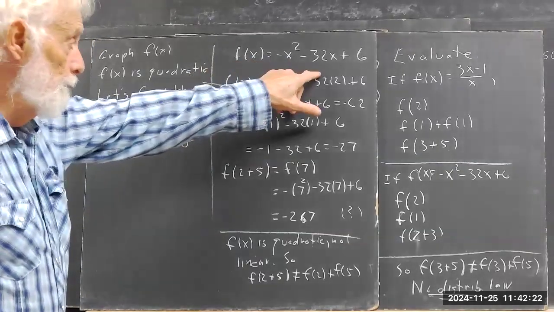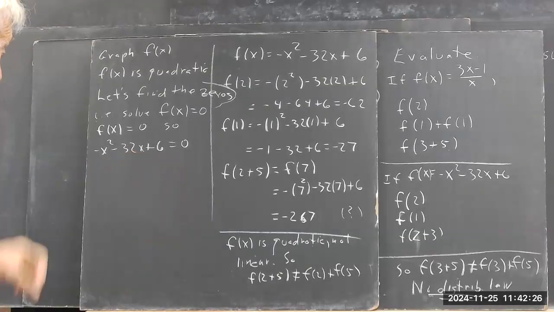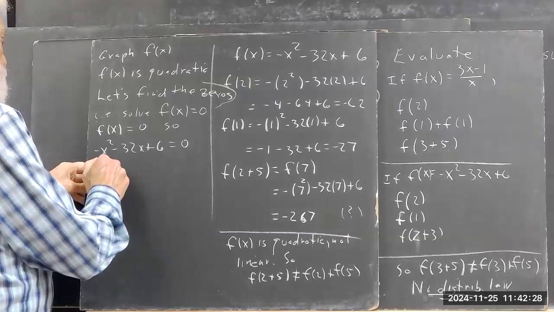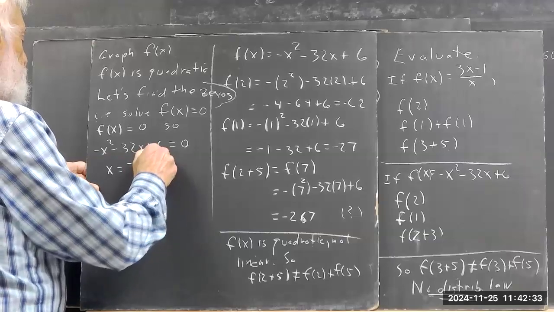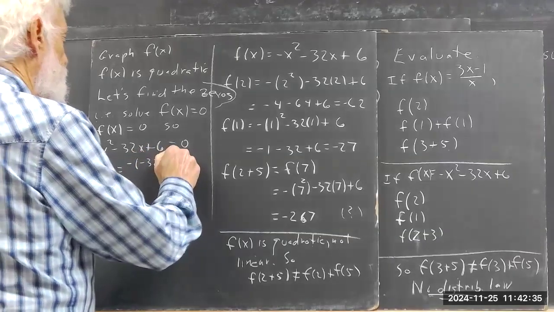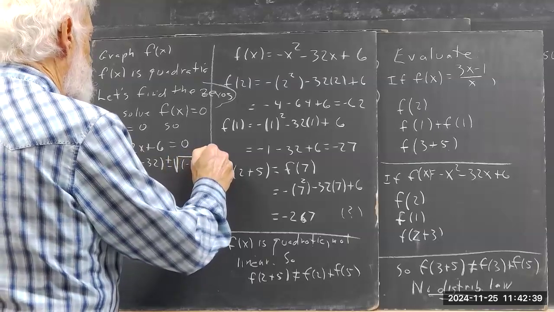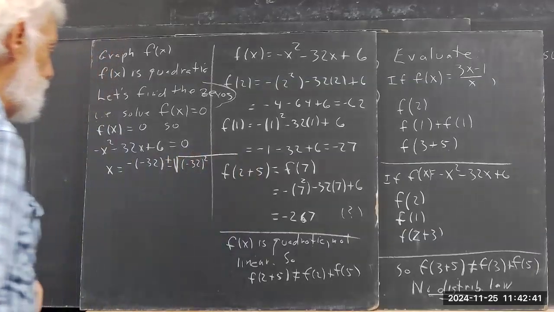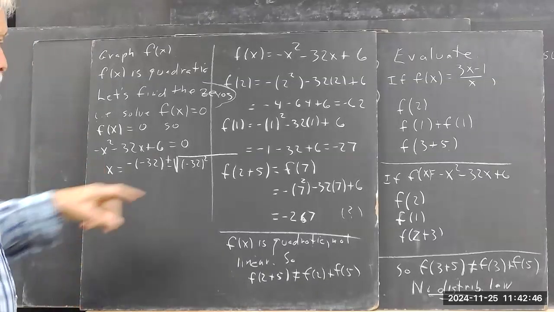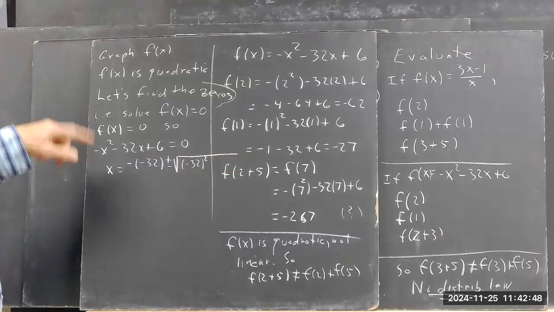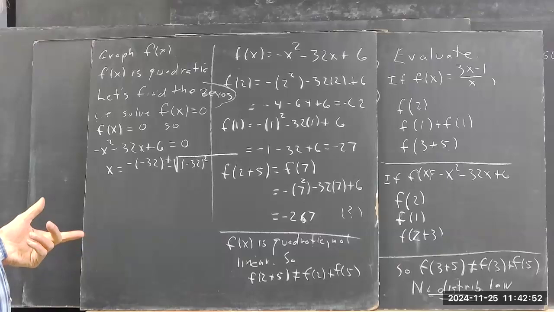So since f of x, this quadratic expression, equals 0, x equals the negative of negative 32, plus or minus the square root of negative 32 squared. And then you've got the 4ac. It's minus 4ac. And everybody, I think, got this.